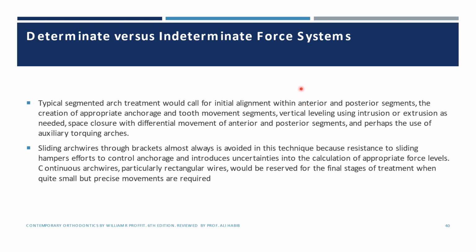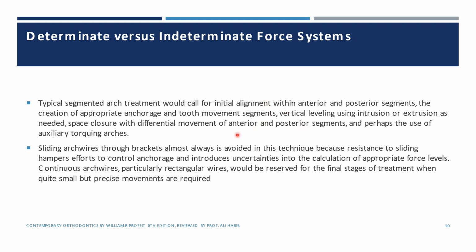Then you set up your anchorage, adding a second molar, and decide how you are going to close the space. Then you do vertical leveling, if you want to do intrusion or extrusion, to make the buccal segments and anterior segments the same level. And finally, you do space closure with differential movement of anterior and posterior segments using the T-loop.